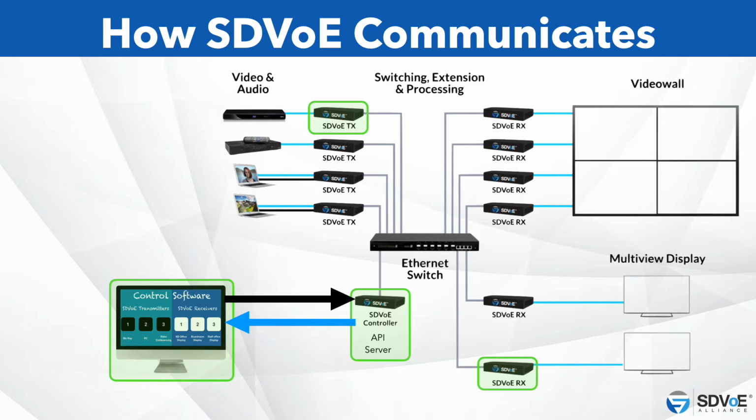Now, when the API server receives the command from the client interface, it then executes that command by communicating to the endpoints. For example, the user wants to start streaming a 4K 60Hz image from source A to display A. Once the API server receives and acknowledges the command, it will instruct the transmitter connected to source A to begin the stream, and instruct the receiver attached to display A to connect to that stream.